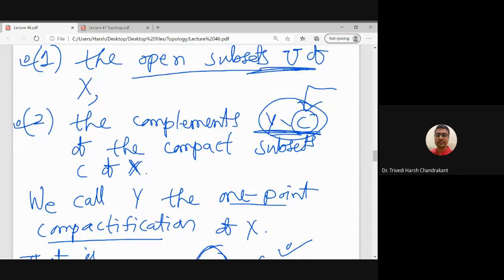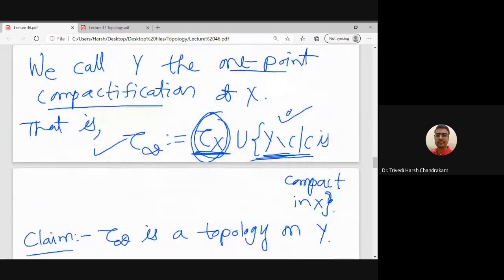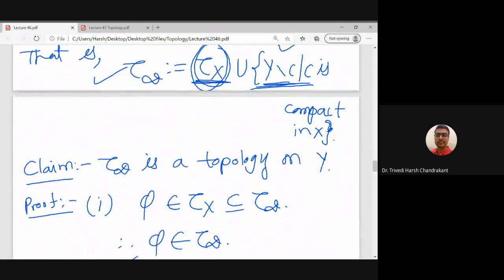Y is X union infinity, minus the set C, where C is a compact subset of X. So this tau infinity is a collection of subsets of Y now, and therefore we can ask the question whether tau infinity itself is a topology, that is, whether it satisfies the axioms of topology.